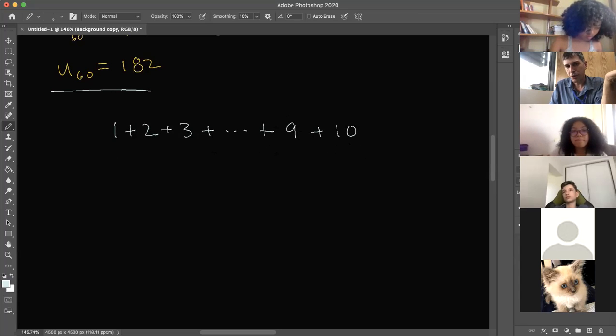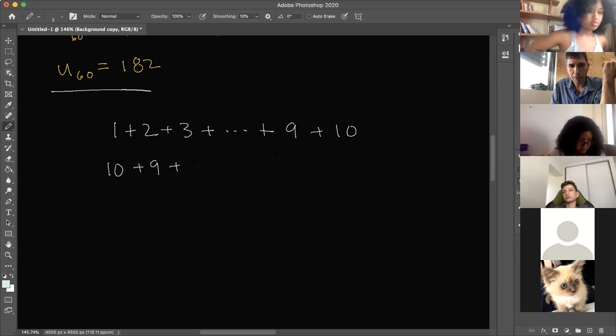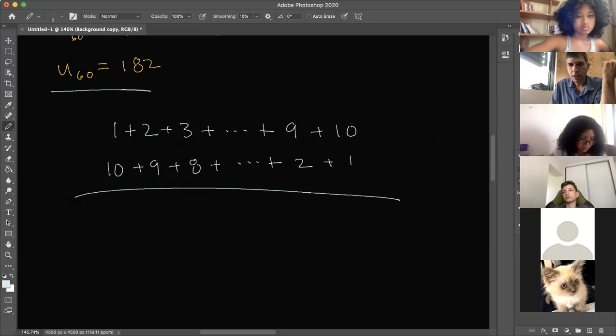What Gauss immediately saw was, if I write all these numbers like this, and then I write them in descending order right below it, what if I just add up the numbers vertically?